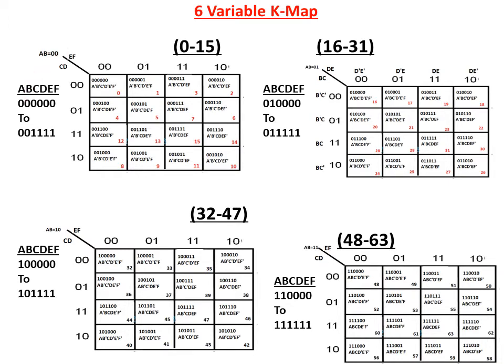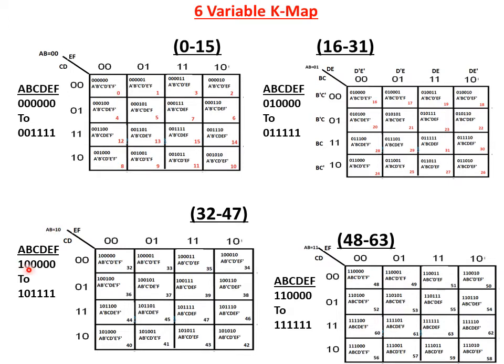AB is equal to 0, 0 for the cells 0 to 15. Now the second K map, 16 to 31: AB is equal to 0, 1. The proof is 0, 1 for 16 to 31. Now 32 to 47, AB is equal to 1, 0.